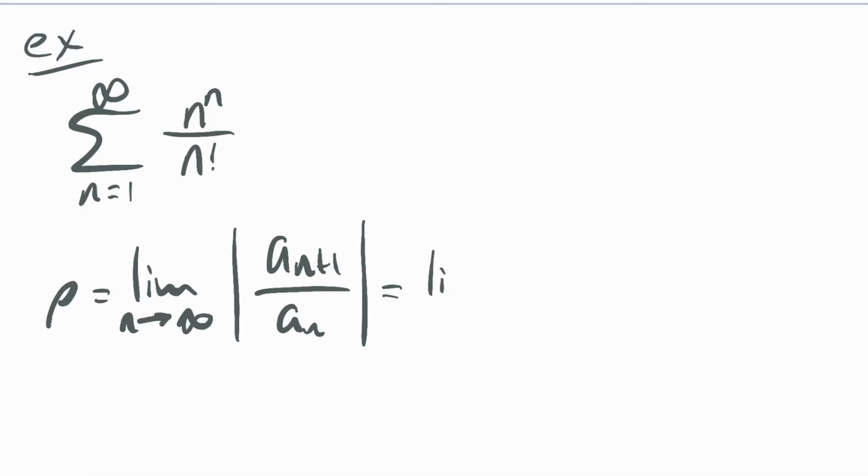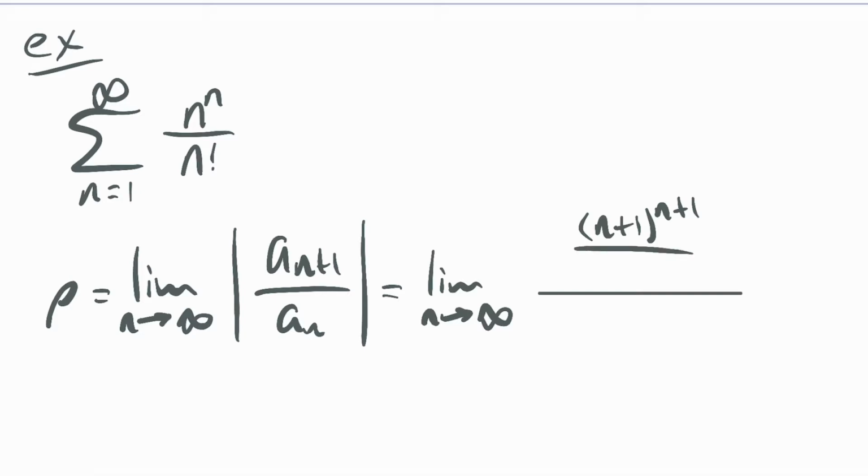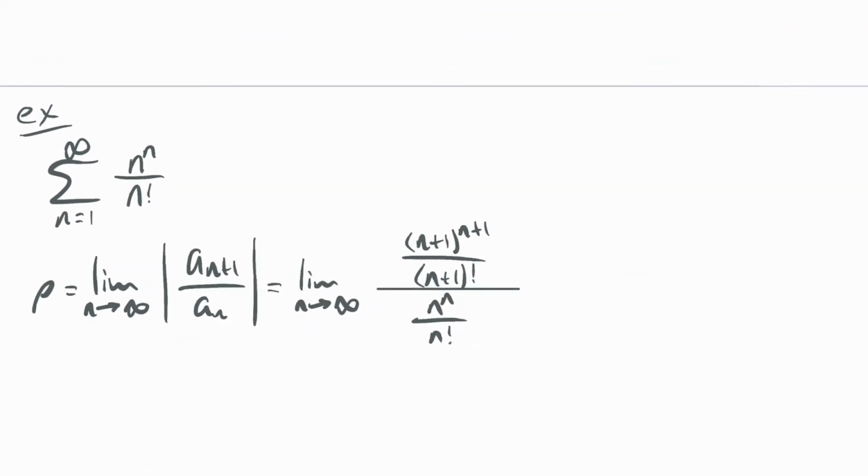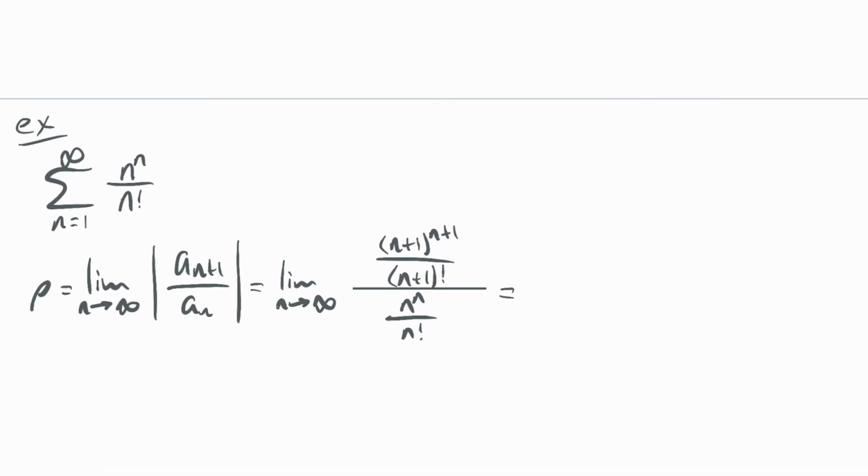So the limit as n goes to infinity of a big fraction: n plus 1 to the n plus 1 power over n plus 1 factorial, all over n to the n power over n factorial. As before, I'm going to rewrite this by multiplying by the reciprocal of the denominator.